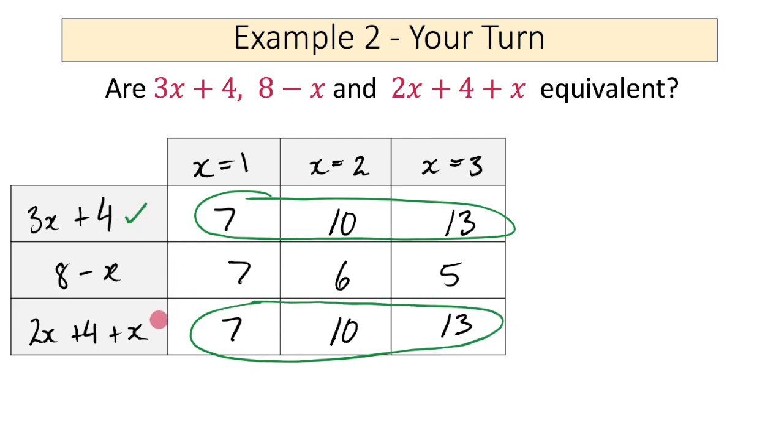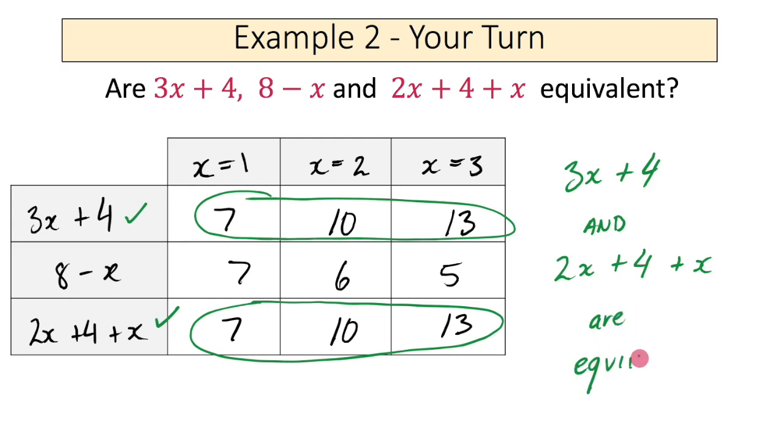So therefore, this and this are equivalent expressions. So I would say 3x plus 4 and 2x plus 4 plus x are equivalent expressions.